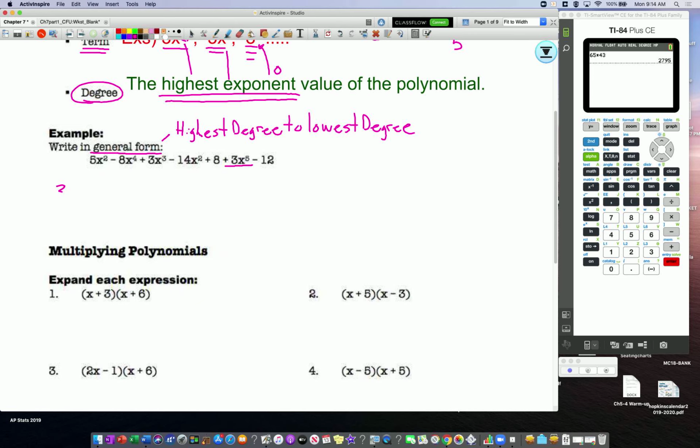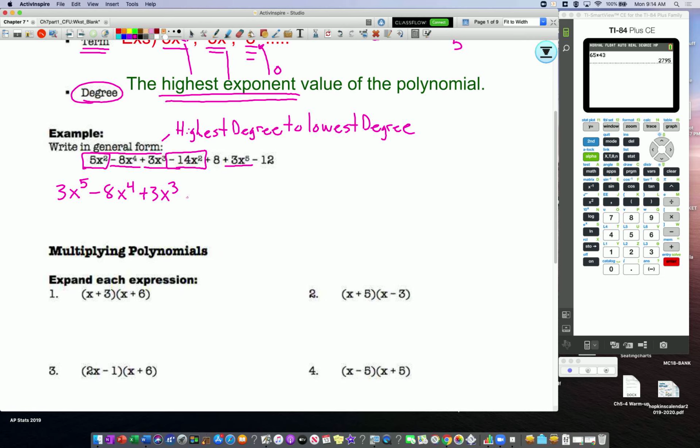And it's positive, so I can start by saying 3x to the 5th. Then I look for my degree 4s, so minus 8x to the 4th. Then I look for my degree 3s, 3x cubed. My degree 2s, so I have a 5x squared and a minus 14x squared.